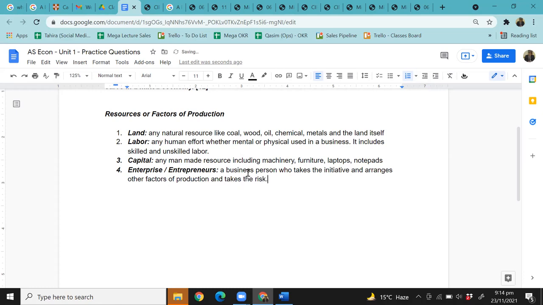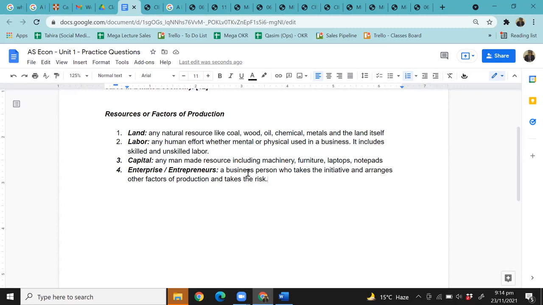So entrepreneur is a person, whereas enterprise is an organization. In the case of Mega Lecture, which is the company, Mega Lecture will be the enterprise, whereas the person who started that business, Sarfad, he is the entrepreneur. So a business person who takes the initiative, arranges other factors of production, and takes the risk, that's the definition of an entrepreneur.